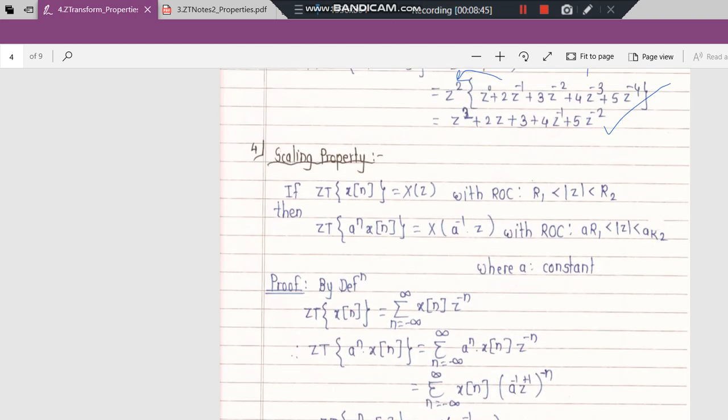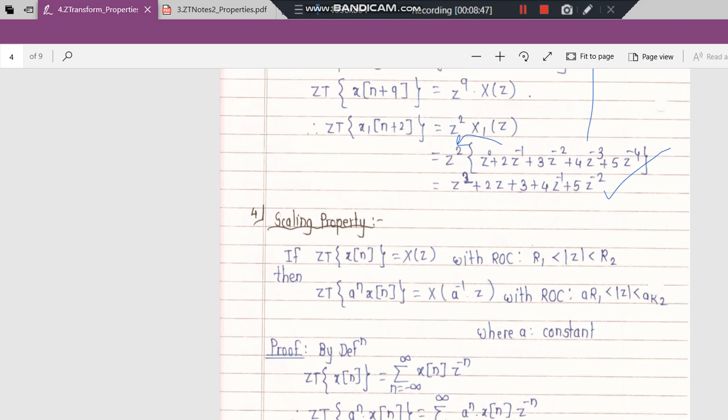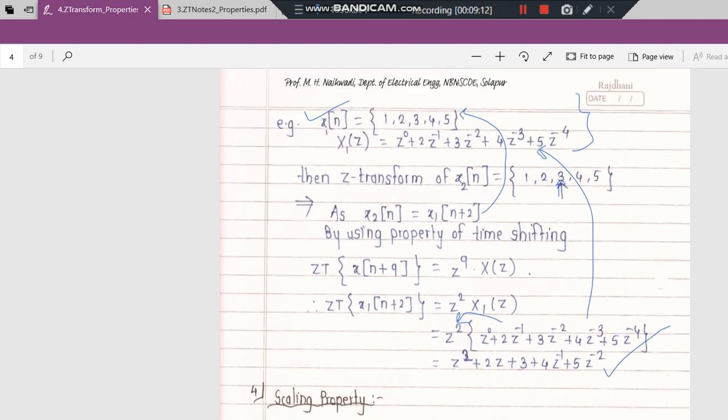It increases your understanding of the property and how to apply it to different numericals, because the basic purpose of studying the properties is to tackle the numericals. We should see what type of signals we encounter in the numericals and which property fits that signal.